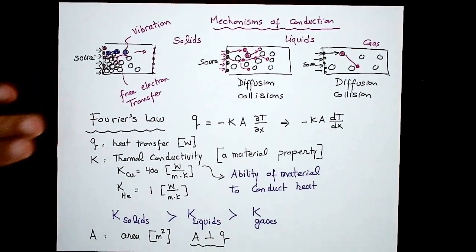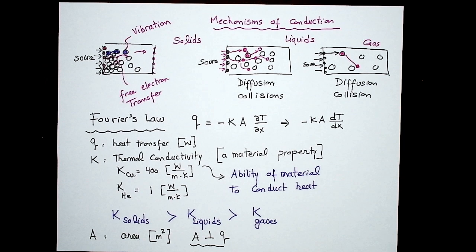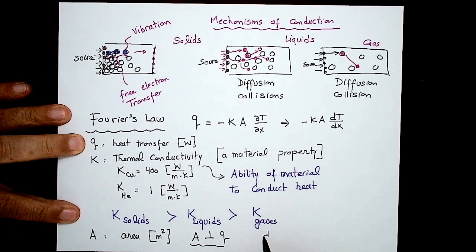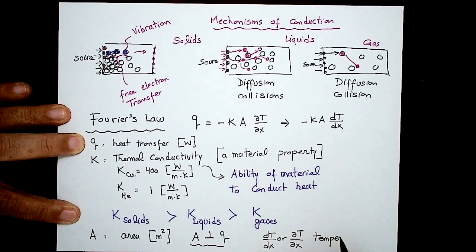You look at the direction of Q, and you look at the area that's perpendicular to that Q, or the direction of the heat transfer, then you calculate the area for this equation. Then the last term is dT by dx, or partial T by partial X. This is called the temperature gradient.